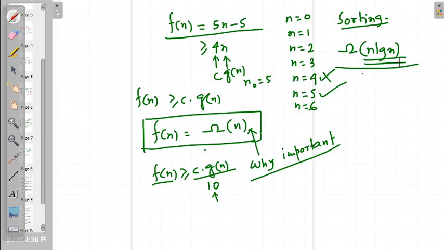That means n log n time will be taken in general input. That's why this omega notation is very handy whenever we talk in terms of lower bound of some algorithm. The lower bound is coming from this greater than or equal to sign.